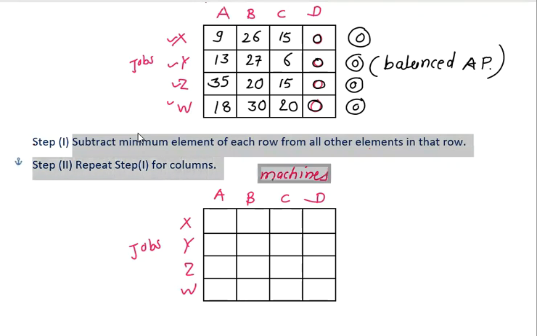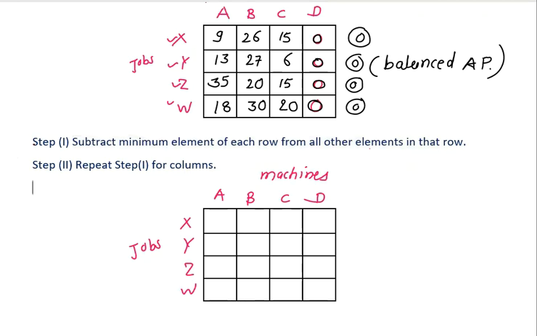Step number 2 is repeat step 1 for columns. Look at the first column now. What is the smallest number in the first column? Smallest number is 9. So subtract 9 from all the entries in the first column.